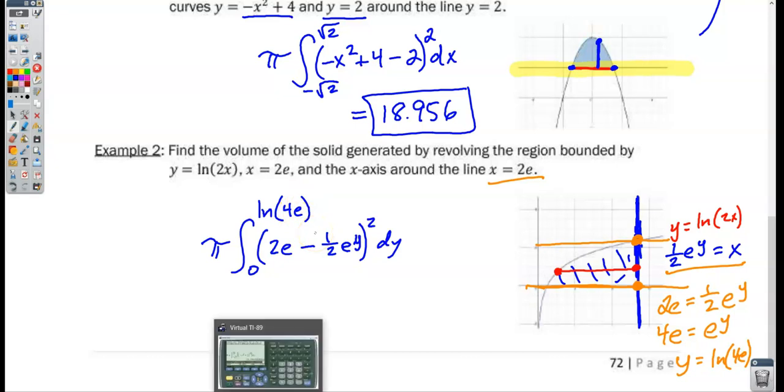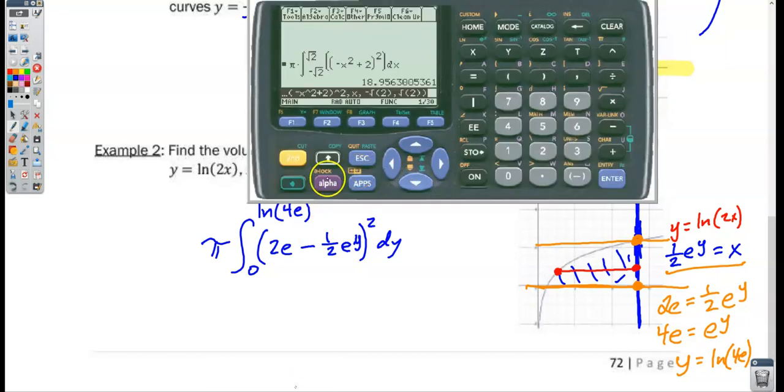And now I can go ahead and calculate the value of my volume. And I've got pi times the integral of 2e to the first minus 1/2 e to the y with respect to y from 0 to natural log of 4e.